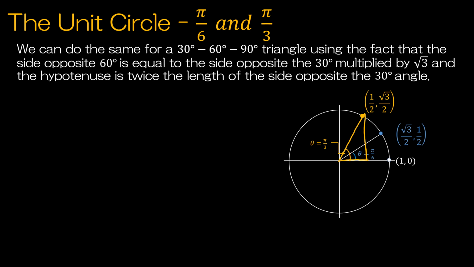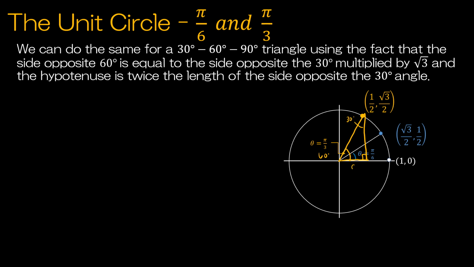In this question, now they're both 30, 60, 90 triangles. One of them has 60 at the origin and one of them has 30 at the origin. So I'm looking at the one that has 60 at the origin. This is 60 degrees. And therefore, this is 90 and this little guy up here is 30 degrees.